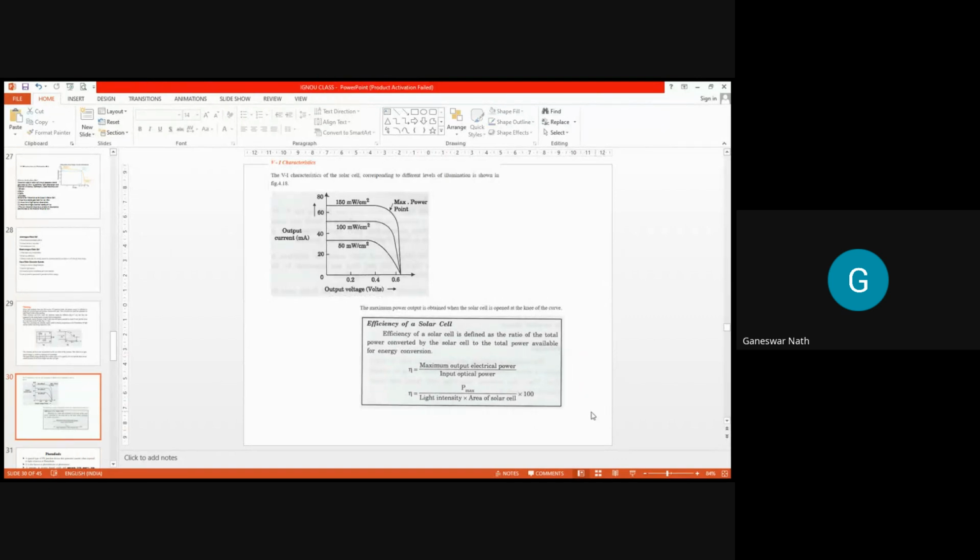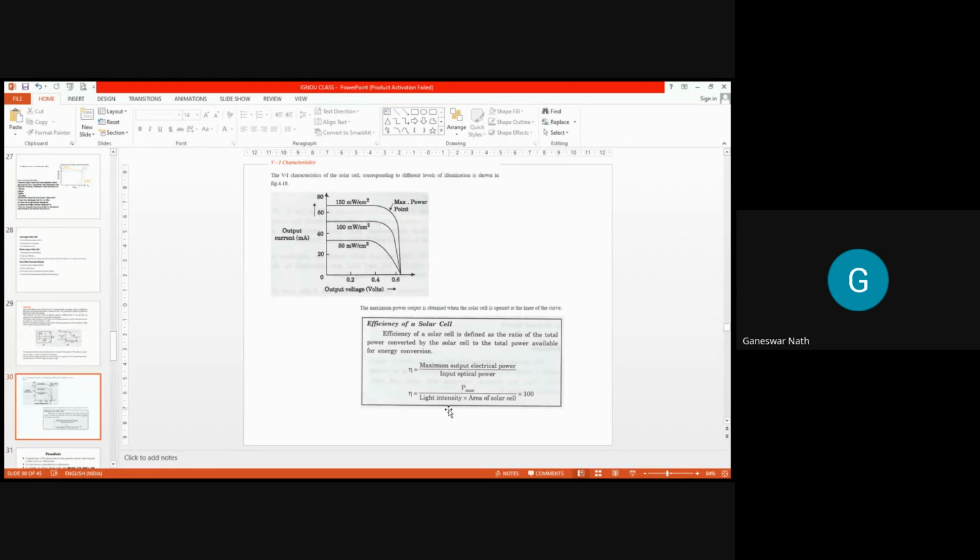So how can you calculate the efficiency of a solar cell? The efficiency of a solar cell is defined as the ratio of the total power converted by the solar cell to the total power available for energy conversion. Depending upon your requirement, nowadays the government is providing solar cells, and for every 2 to 3 members of a family there is a particular dimension of the solar cell.